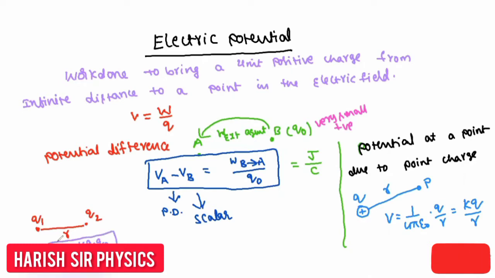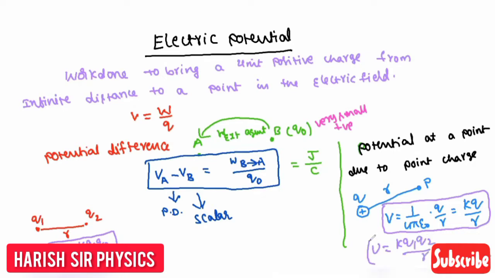This is the potential, V is equal to KQ divided by R. So here U is equal to KQ1Q2 divided by R. This is the potential energy.